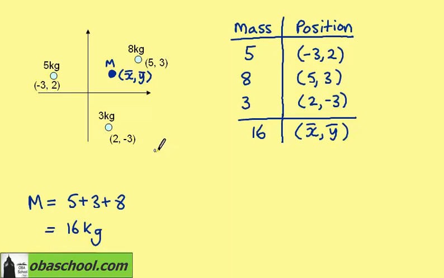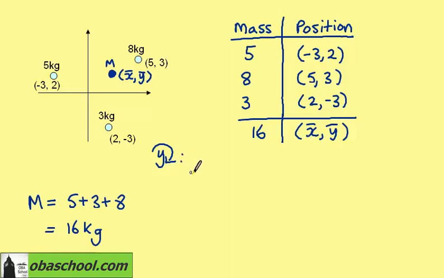To find x bar, we're going to take moments using the y-axis as the axis for rotation. The distance of each point from the y-axis is simply its x-coordinate, with the sign telling us in which direction the moment will be, whether it will be clockwise or anti-clockwise.